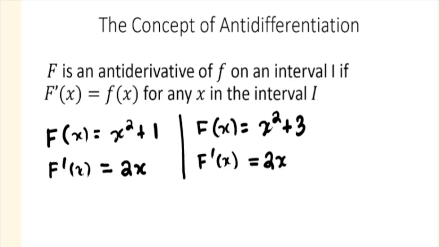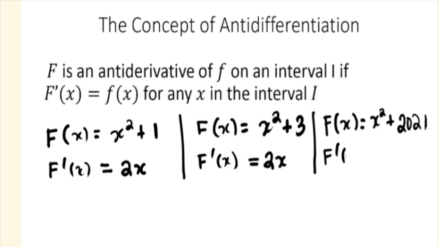So, ibig sabihin, kung papalitan lang natin yung constant term, we can actually generate an infinite number of functions capital F kung saan makukuha natin derivative niya to be equal to 2x. So, let's say this one is x squared plus 2021, kasi 2021 ngayon. So, this would still give us a derivative equal to 2x.